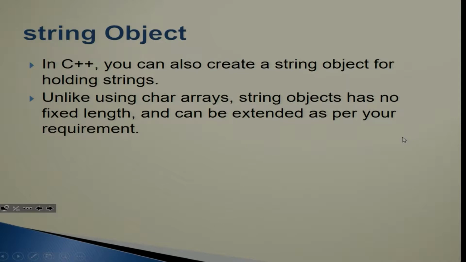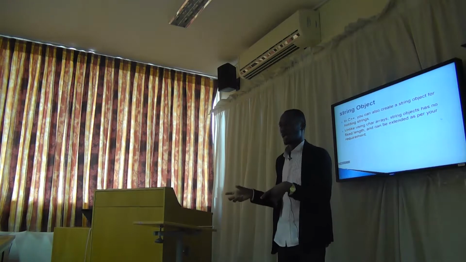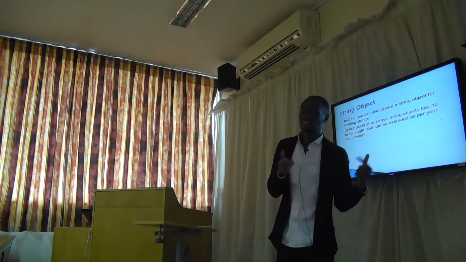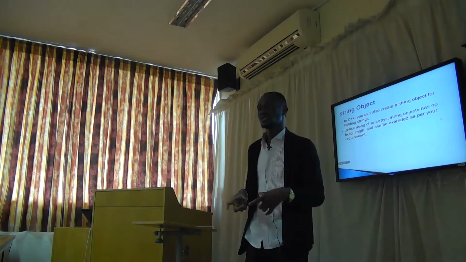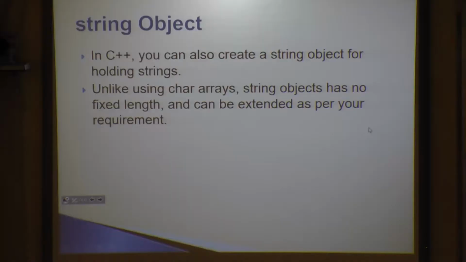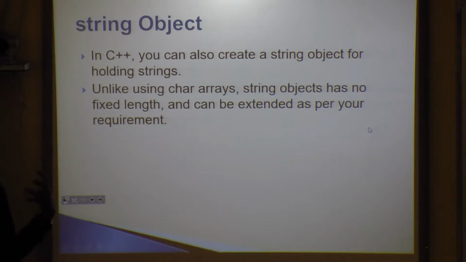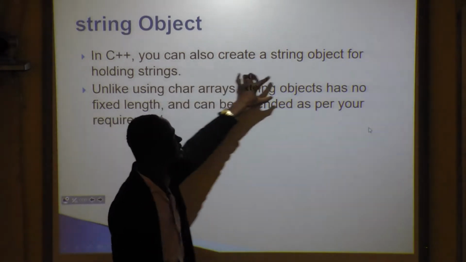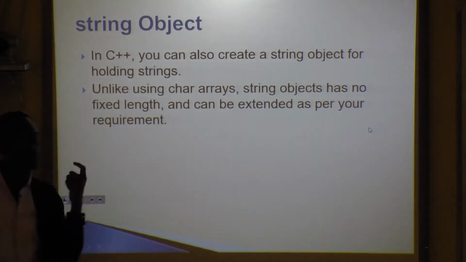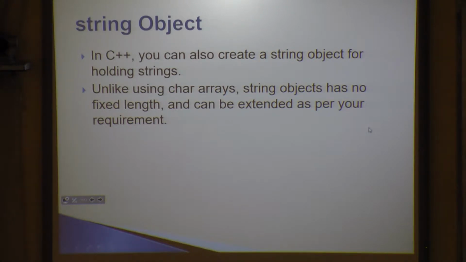Then I go to the objects. The difference between both is that a C-string is defined in the form of an array, while a string object holds a string variable. I mean, you create a string object for holding strings, so now you have a data type called string.